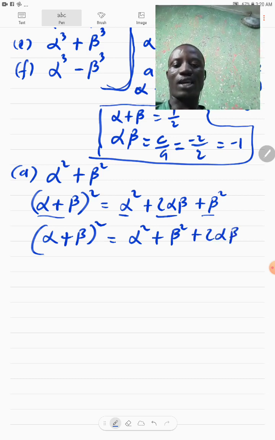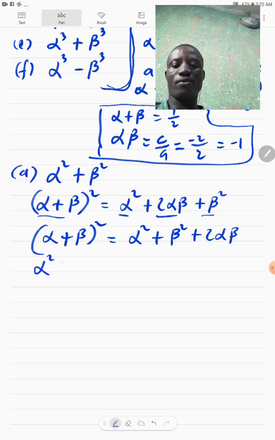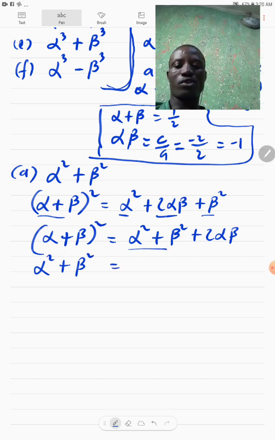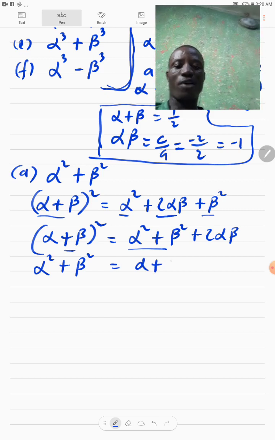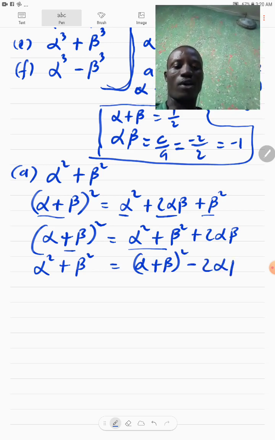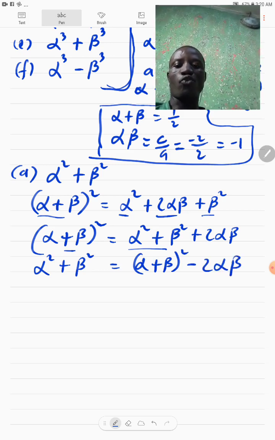Such that alpha squared plus beta squared, only that one remaining, equals alpha plus beta squared minus 2 alpha beta. So you can see now that we have gotten our alpha squared plus beta squared written in the form of alpha plus beta and alpha beta. So now I can put in the values.